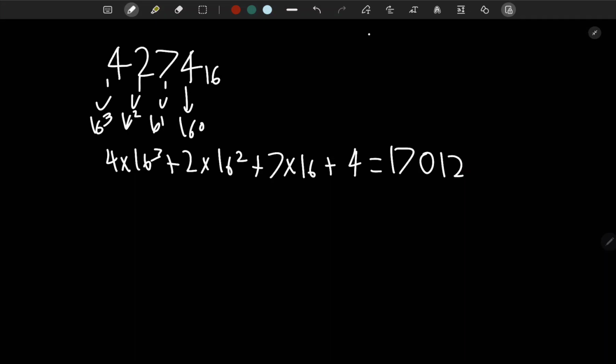And as always, I do have a shortcut method on the calculator for the conversion.